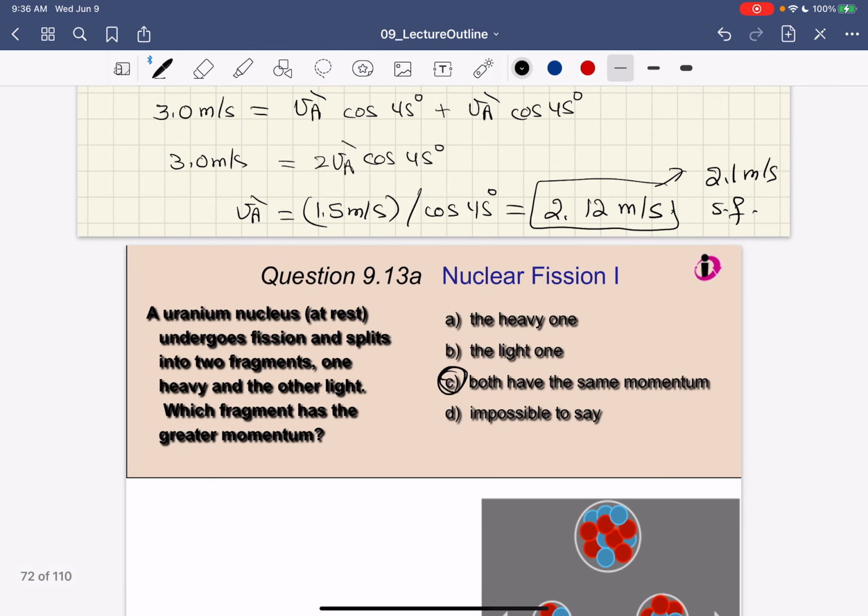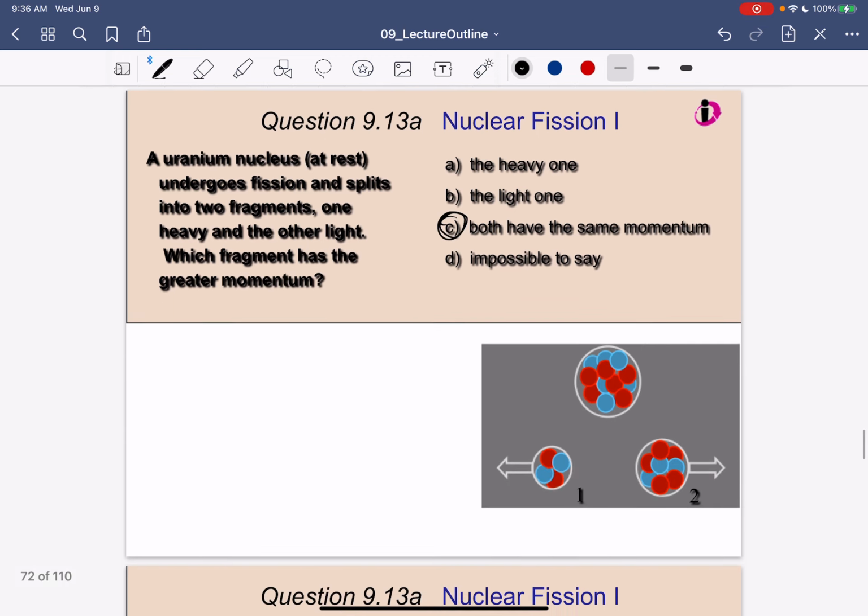Okay, this is nuclear fission, where fission means that a heavy nucleus is going to split into two nuclei. In our example here, we have uranium that is going to split into two unequal fragments, one light and one heavy. And we are asking which fragment has the greater momentum.